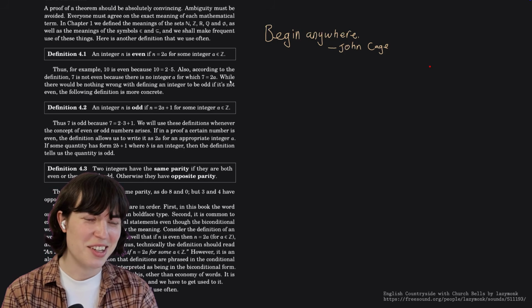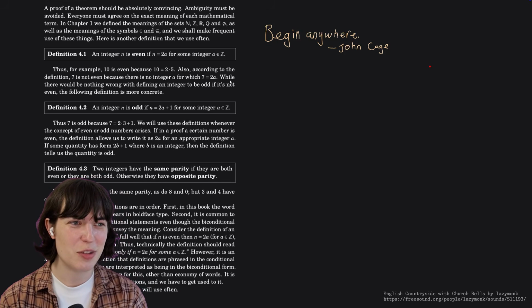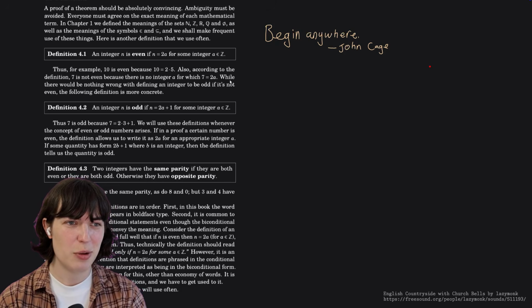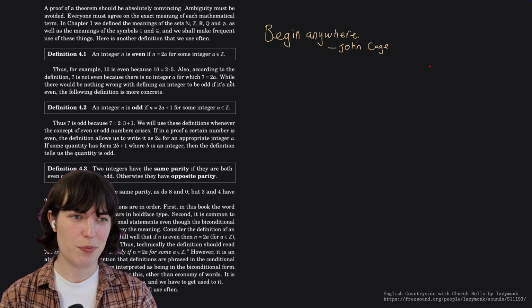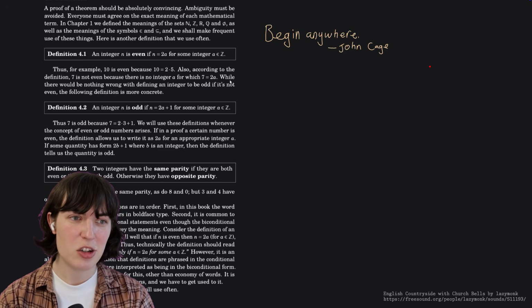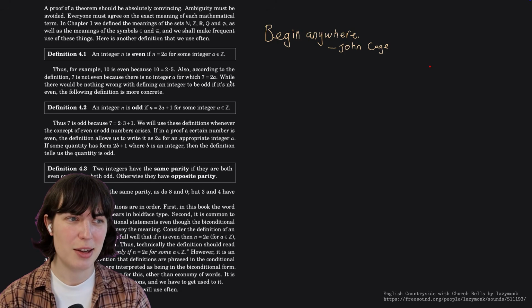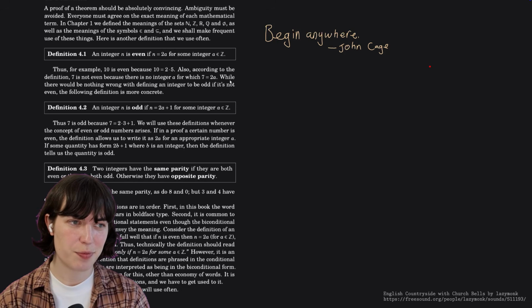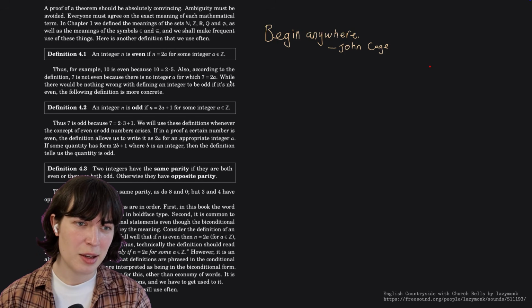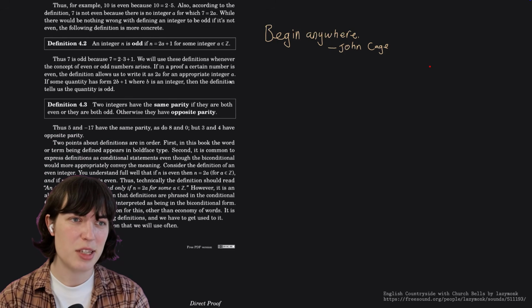While there would be nothing wrong in defining an integer to be odd if it's not even, the following definition is even more concrete. An integer n is odd if n equals 2a plus 1 for some integer a in the integers. Thus 7 is odd because 7 equals 2 multiplied by 3 plus 1.